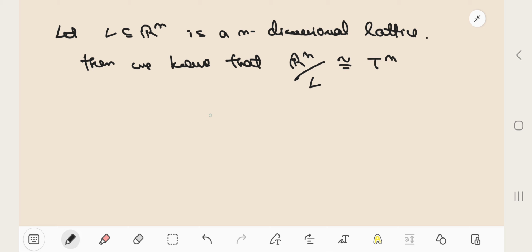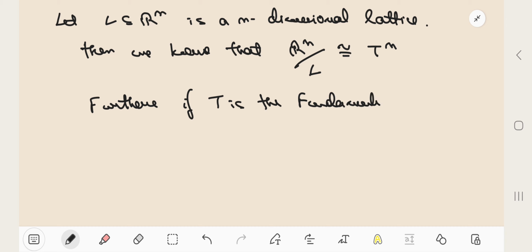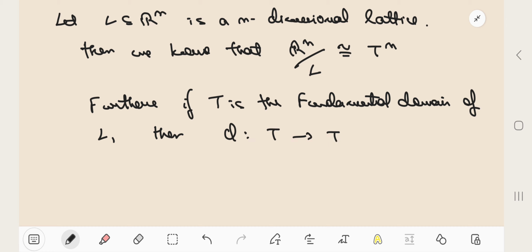Further, we have also seen that if T is the fundamental domain of L, then there is a bijection phi from T to Tn.